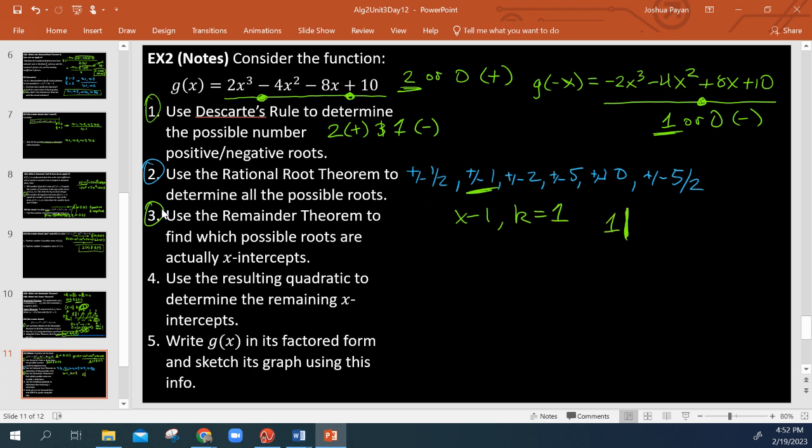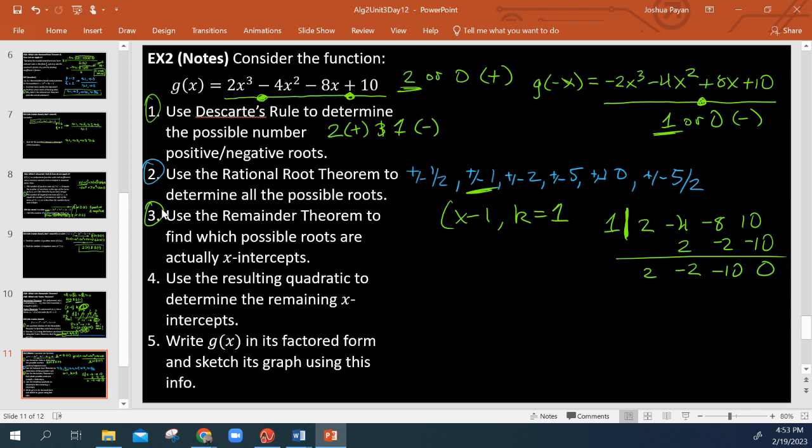So I'm saying k is going to be equal to 1. And I'm going to write down my coefficients 2, negative 4, negative 8, and 10. Okay, so bring down the 2, times 1 is 2, negative 2, negative 2, negative 10, and eureka! Got it on the first try, thank goodness.